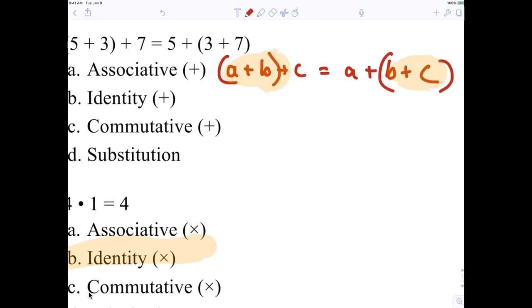Yesterday we said that the identity was when you add 0 and that equals A, or you multiply by 1, and that gives you A. Anytime you end up with yourself, we say that's an identity. You good with this or not?